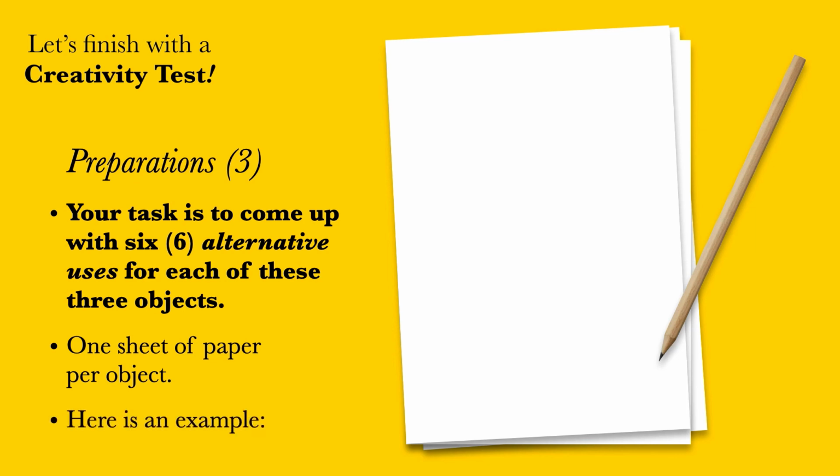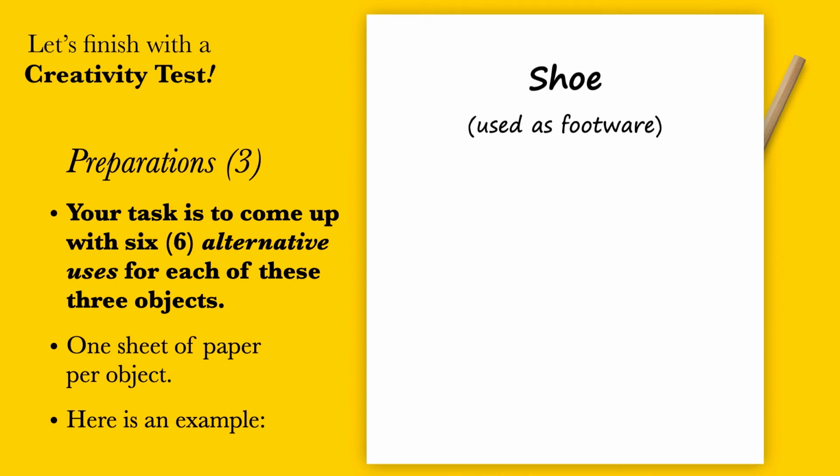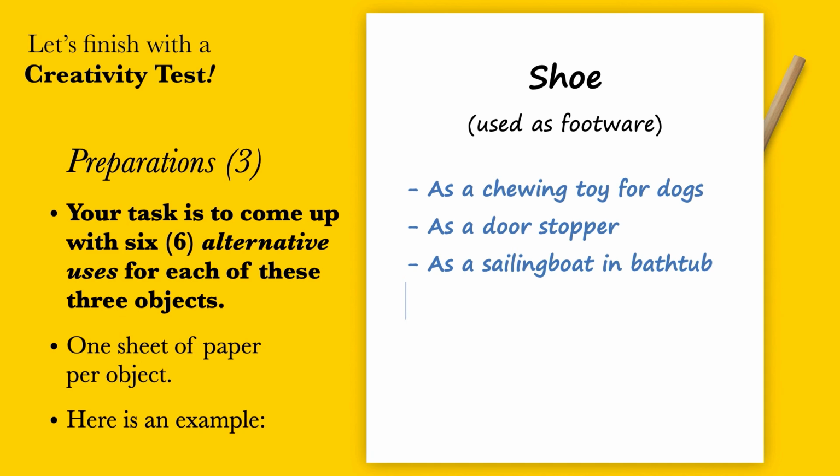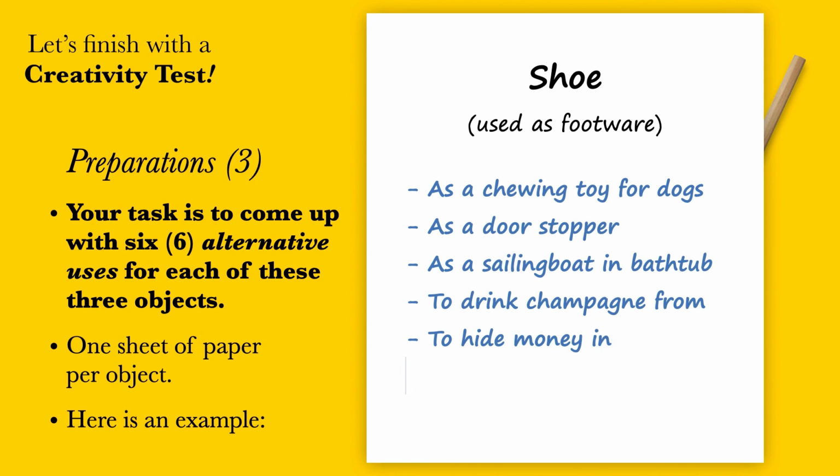And here's an example that will not be used later, of course, but an example of how it can look. The example could be a shoe, and the common use is as footwear. Then you come up with different usages: a chewing toy for dogs, a door stopper, a sailing boat in a bathtub, to drink champagne from, to hide money in, or maybe as a hammer.